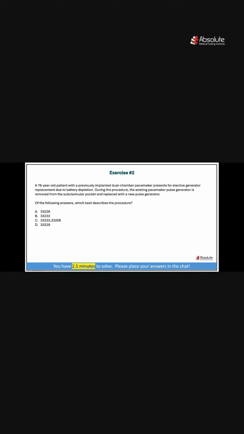A 76-year-old patient with a previously implanted dual chamber pacemaker presents for elective generator replacement due to battery depletion. During the procedure, the existing pacemaker pulse generator is removed from the subclavicular pocket and replaced with a new pulse generator. Which best describes the procedure?